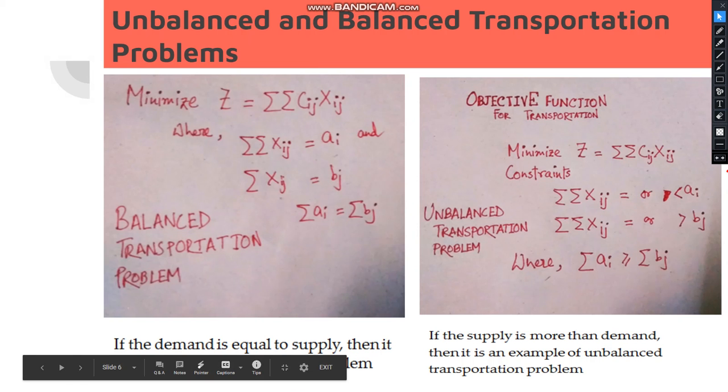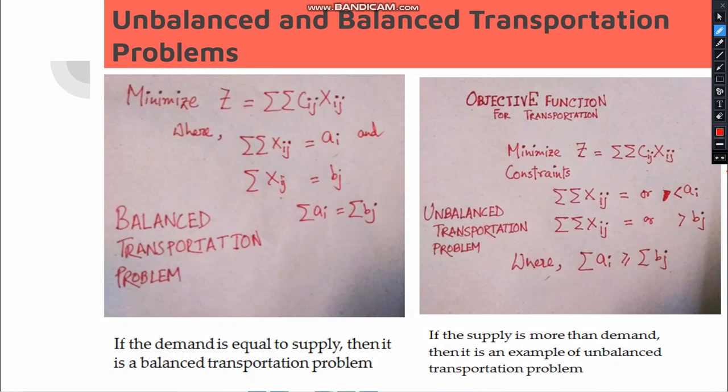So this is an example. See, this is the minimization part. Z is equal to the summation of what I was saying earlier. It is written the same way. This ai is the supply, bj is the demand.